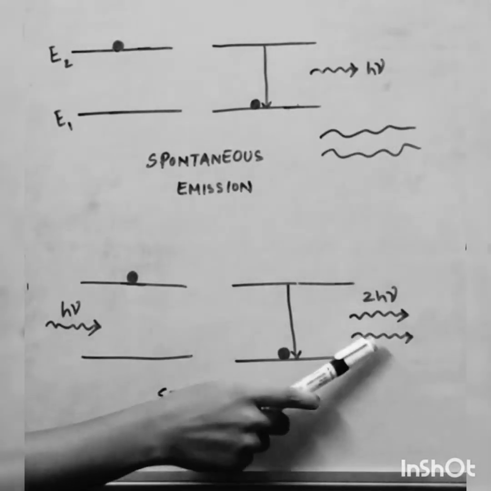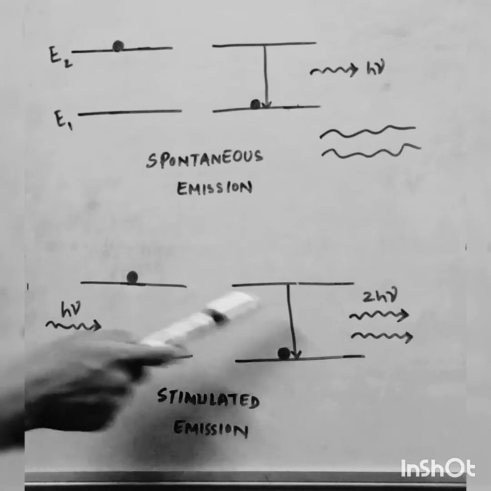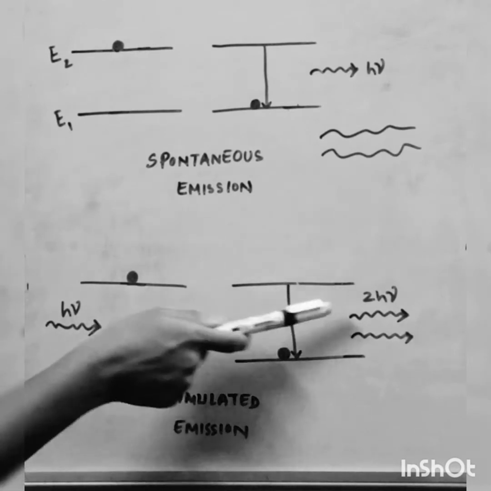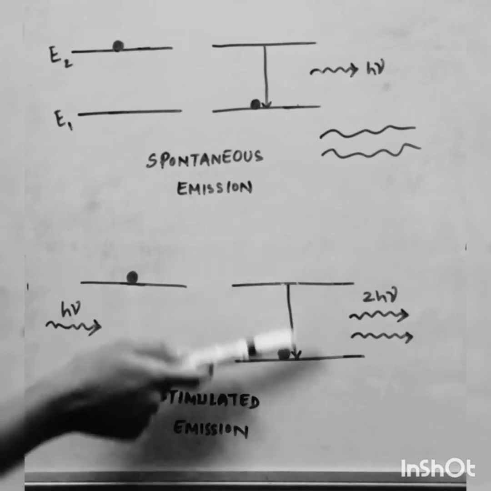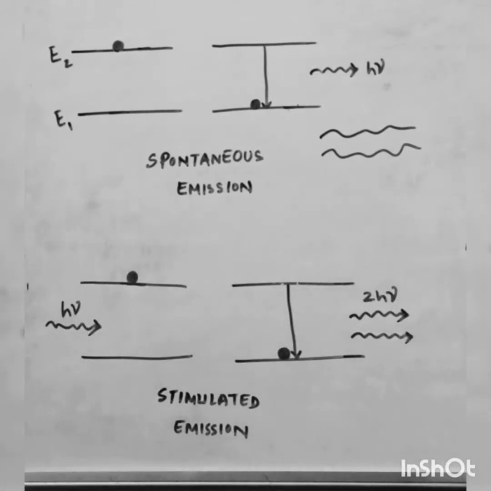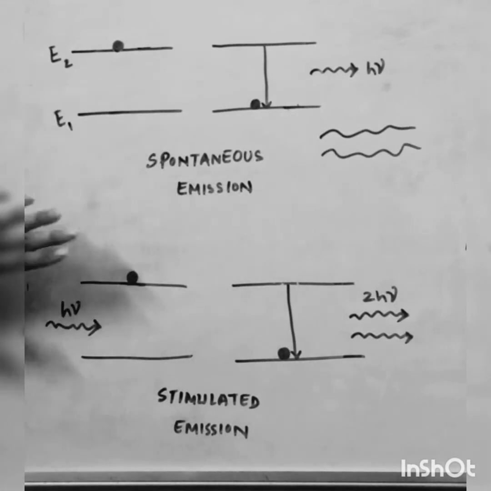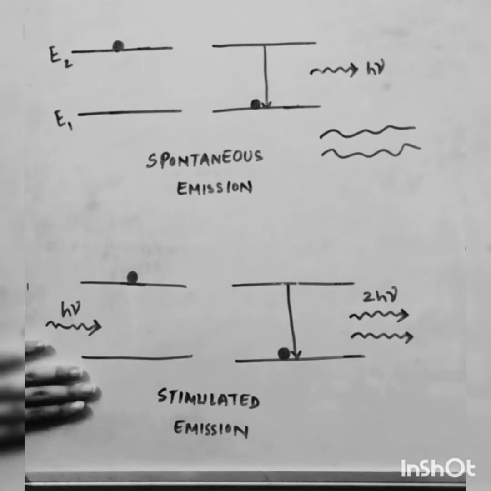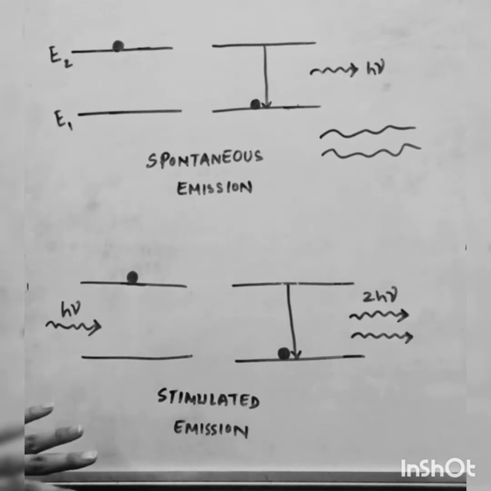And this whole process is a coherent process because the photon we induce and the photon that comes out because of the excited atom coming down to the ground state are coherent in nature. So this whole process of forced emission of photons which is caused by the incident photon is called stimulated emission, and this stimulated emission is coherent in nature with the stimulating incident radiation.